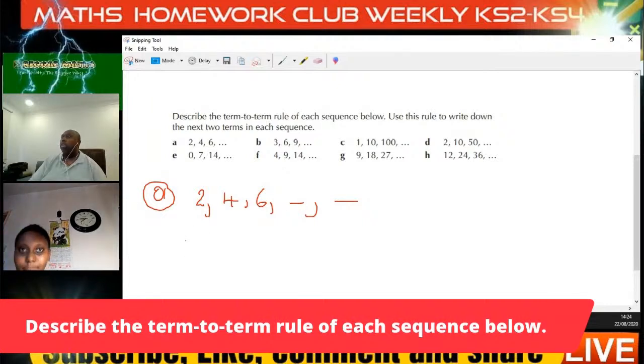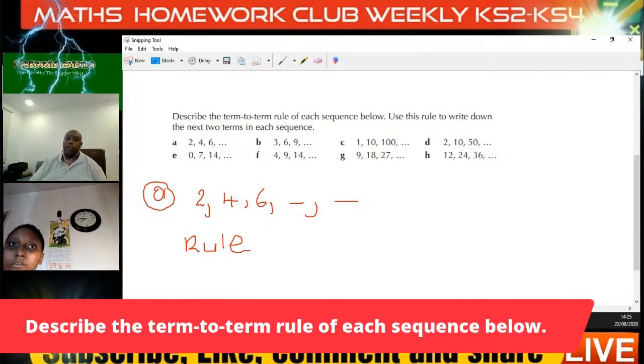So what is the rule for this one, Danzel? What are they doing each time? We need to get the term-to-term rule. So what are they doing? Times 2. Oh, we could say times 2, but go to the next one. That one is times 2 or add 2, but go to the next one.